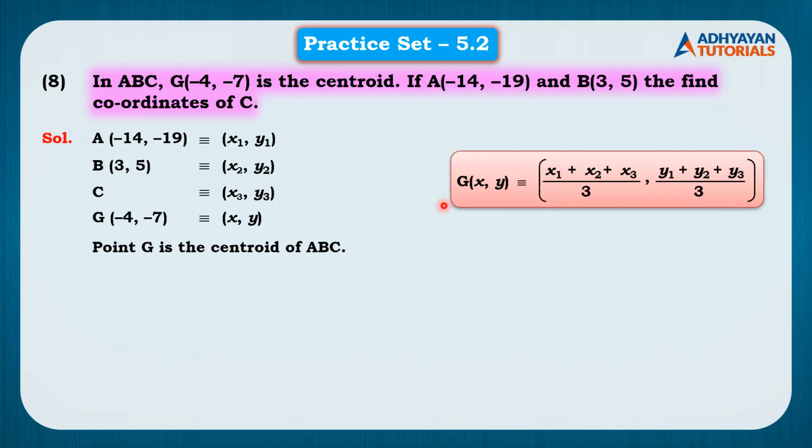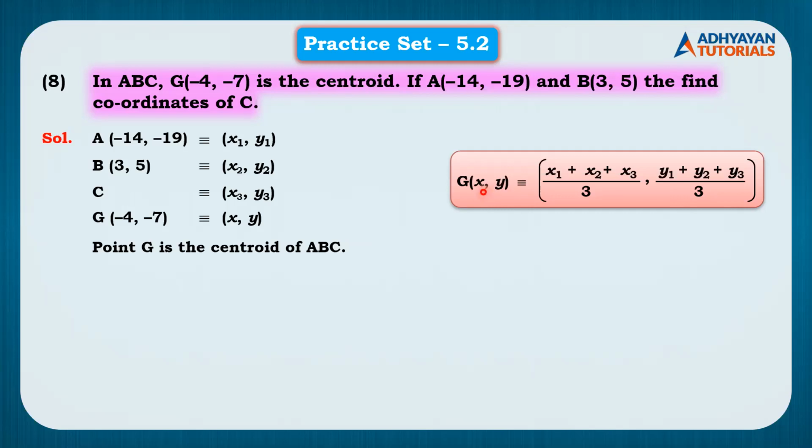That means this is very clear. This x1 plus x2 plus x3 upon 3 is the formula for x, and y1 plus y2 plus y3 upon 3 is the formula for y. Now students, always remember this very important point: whenever the coordinates of the centroid are given to us, we have to take the formula separately, because the value of x is given to us, and the value of y is also given to us.